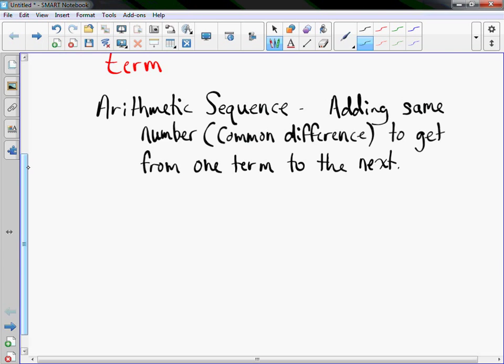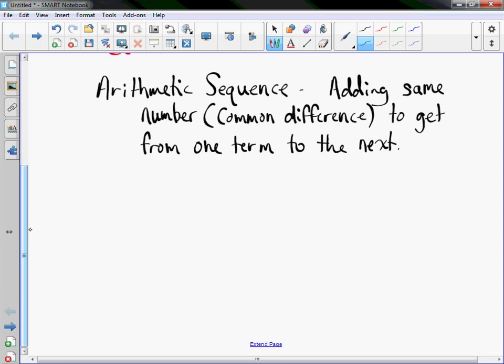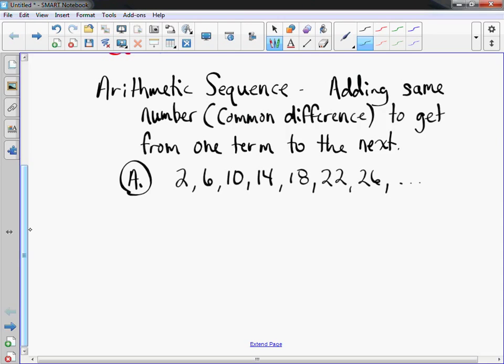Okay, let's look at an example of an arithmetic sequence. The dot, dot, dot just means that the pattern will continue to do the exact same thing as we go.